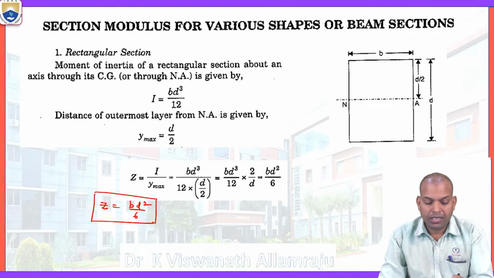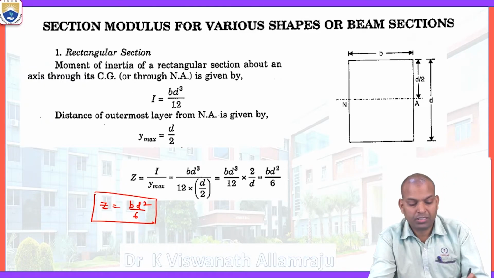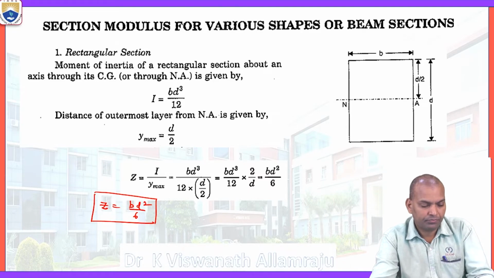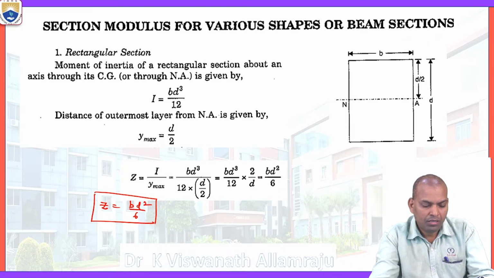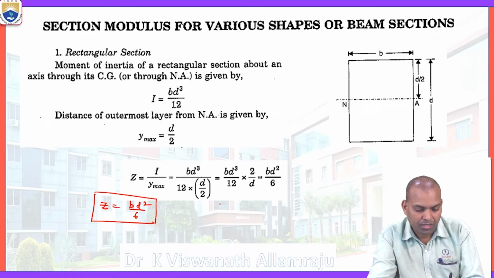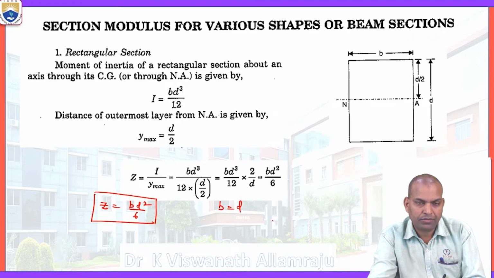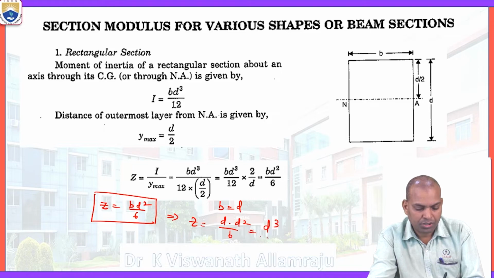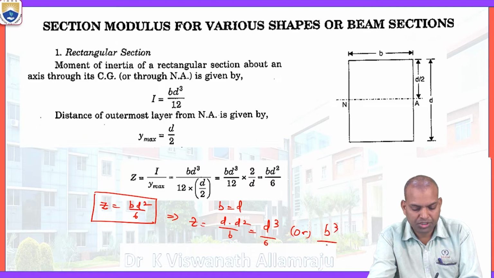So Z equal to bd square by 6 for the rectangular section. And we can derive from this for the square cross section also. For the square cross section, b equal to d, width equal to depth. Then Z becomes d into d square by 6, or d cube by 6, or b cube by 6.